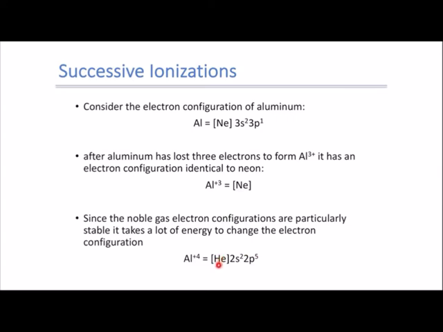So I actually end up with helium, 2s2, 2p5. So that's why it takes so much more energy, is because I had to break into the next principal quantum number to get that charge. I had to use a core electron in order to get that charge.